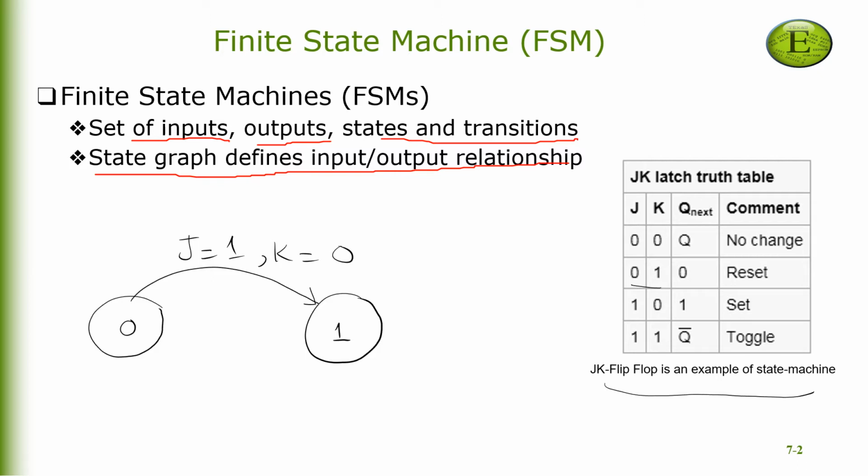Likewise, if we want to transition from the output 1 to output 0, that means J needs to be 0 and K equals 1. That is a reset state. And if we wish to retain the output same as the one in the previous clock cycle, then we would like to have J equal to 0, K equal to 0.